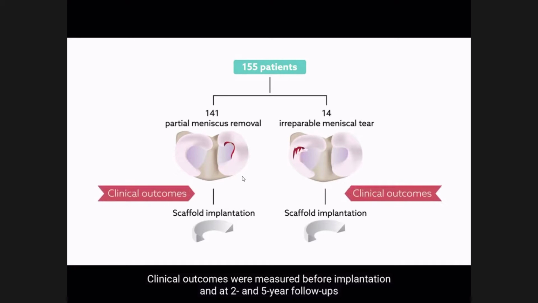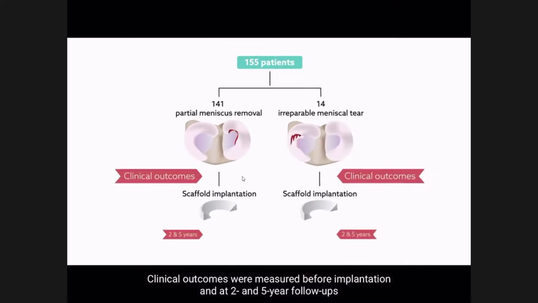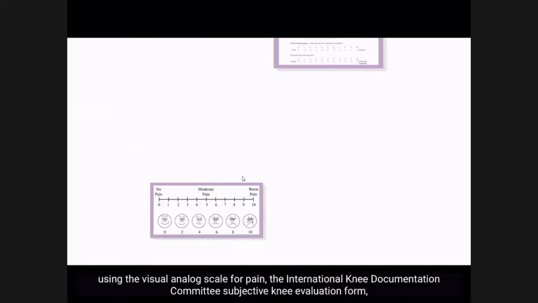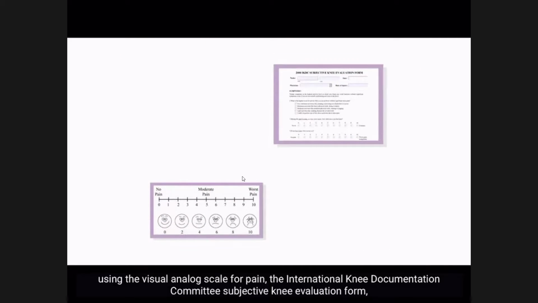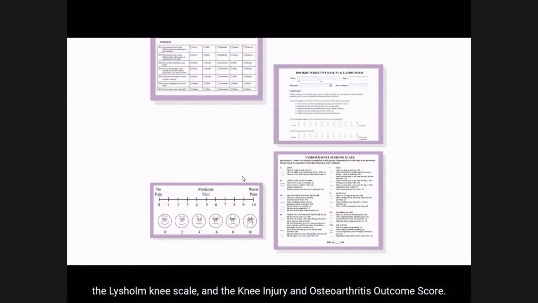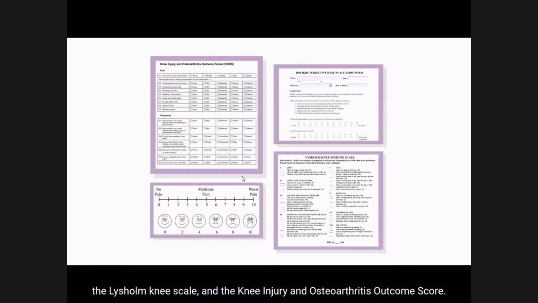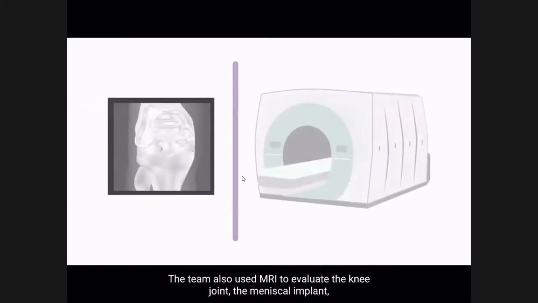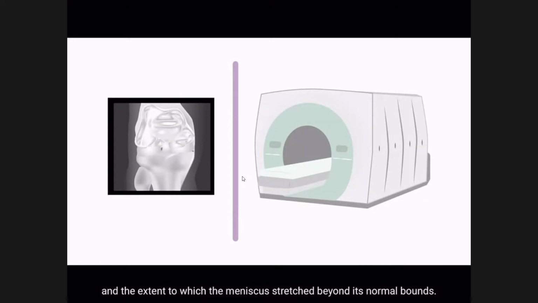Clinical outcomes were measured before implantation and at 2- and 5-year follow-ups using the visual analog scale for pain, the International Knee Documentation Committee Subjective Knee Evaluation Form, the Lysholm Knee Scale, and the Knee Injury and Osteoarthritis Outcome Score. The team also used MRI to evaluate the knee joint, the meniscal implant, and the extent to which the meniscus stretched beyond its normal bounds.